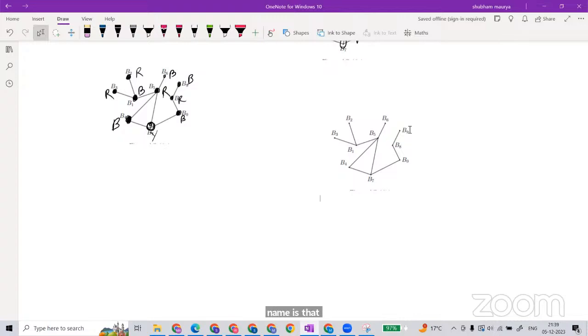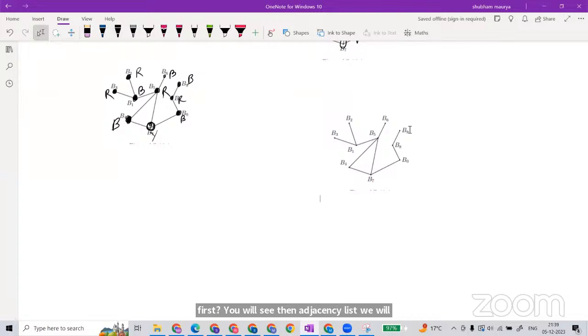I think it is adjacency list. Yes, adjacency matrix and adjacency list. First we will see the adjacency matrix, then the adjacency list.